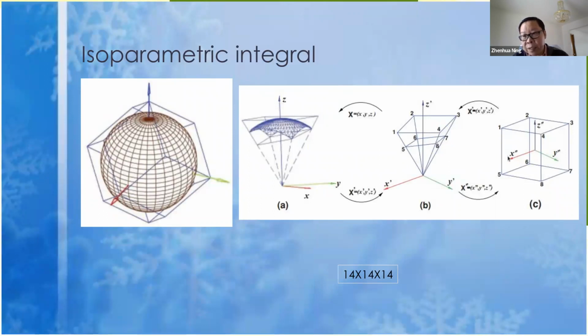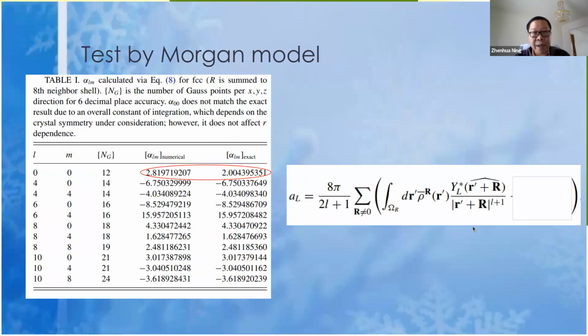They sample points in this cube and map it back to the pyramid. All these are related by Jacobians. They tested their method with the Morgan model. This table shows their result.